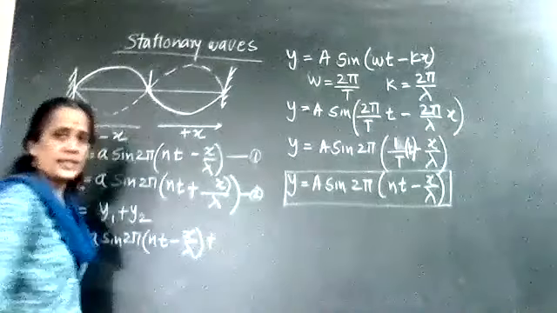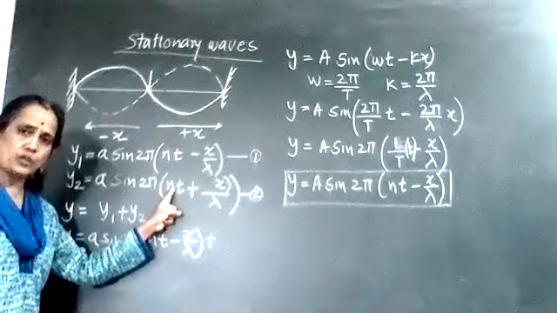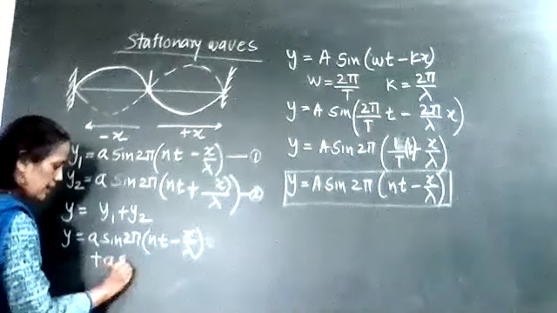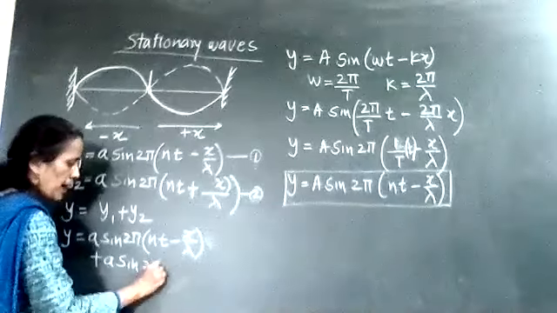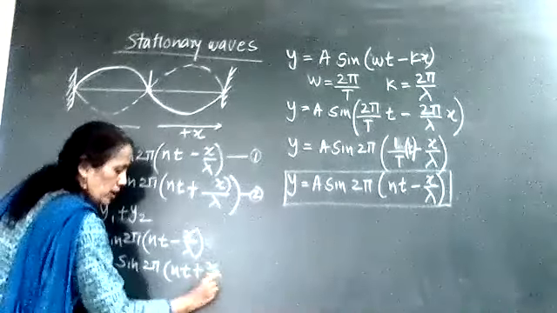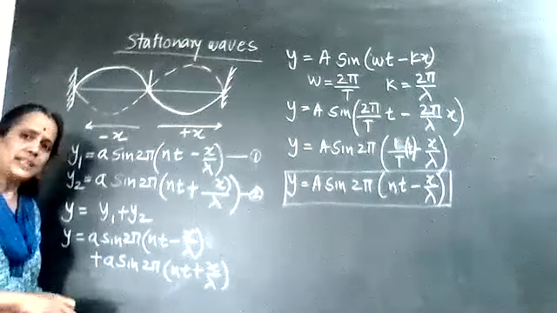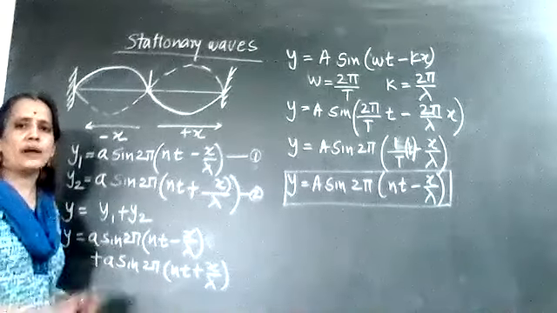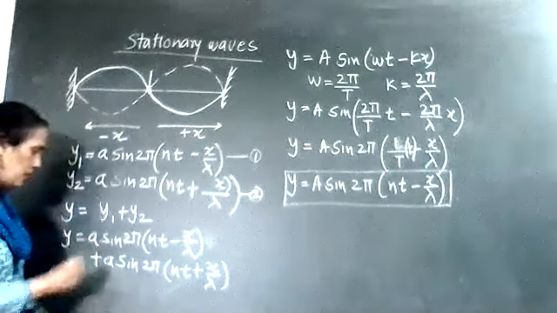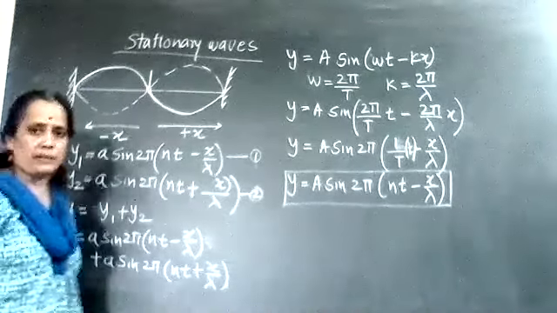Plus, second is what? y2. What is the y2 equation? That is your equation number 2. Here I write down plus a sin 2 pi into bracket nt plus x upon lambda. So what I have done is just kept the values of y1 and y2. Clear? Now in this addition format, this a factor is common.